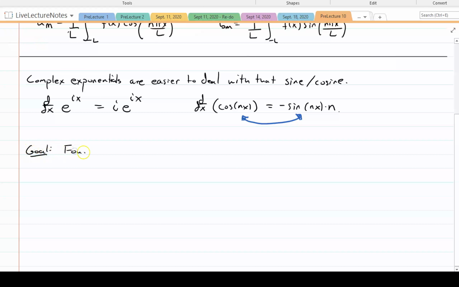So what we want to do is develop Fourier series using complex exponentials instead of sine and cosine.